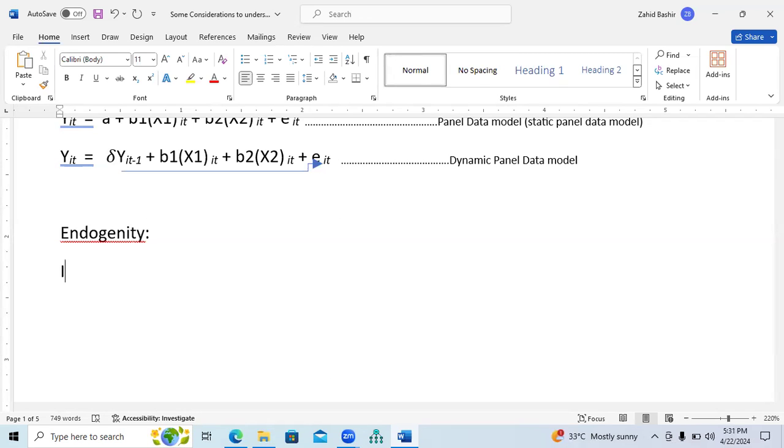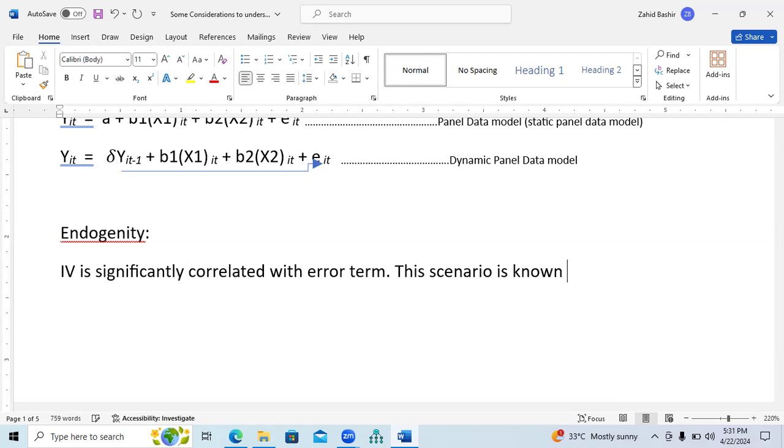When your independent variable is significantly correlated, whether in a positive way or in a negative way, with the error term, this scenario is known as endogeneity.